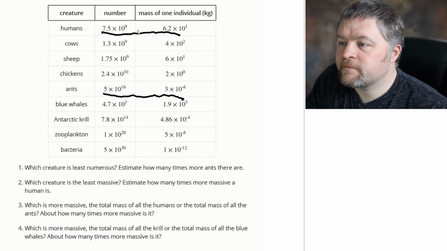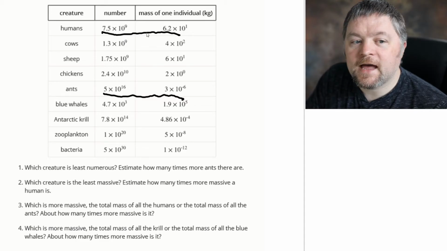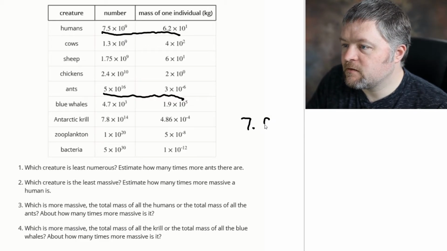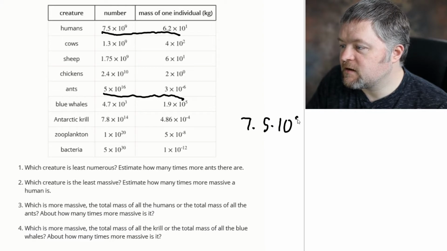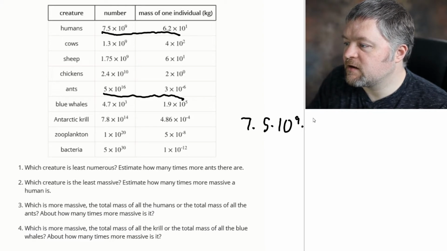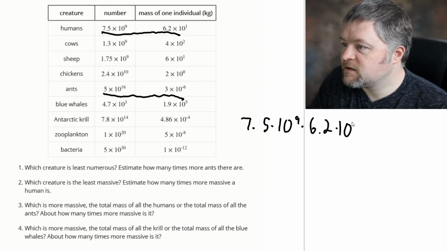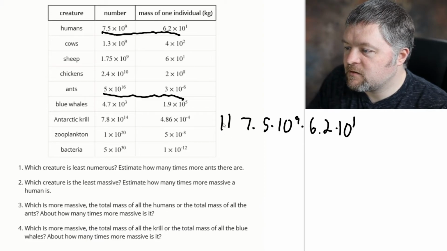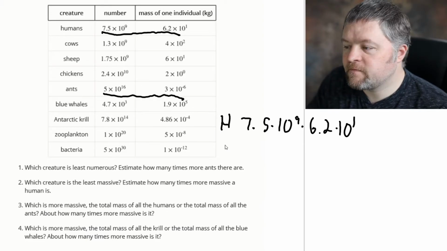So the mass of all humans will be 7.5 times 10 to the power of 9 times 6.2 times 10 to the power of 1. Label H for humans.